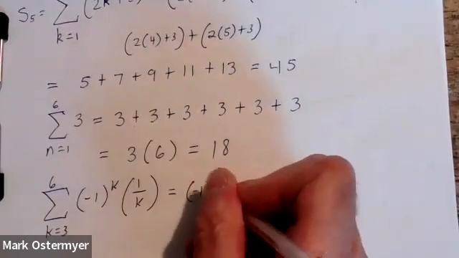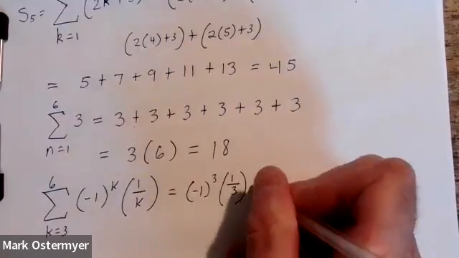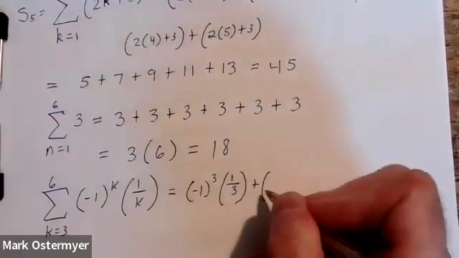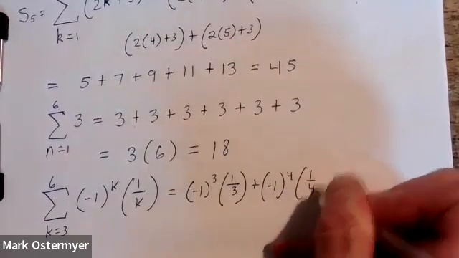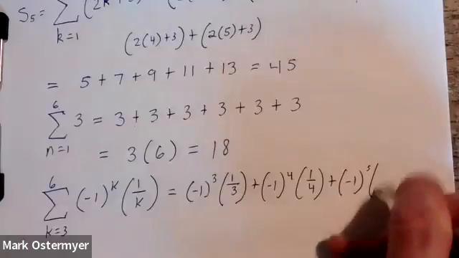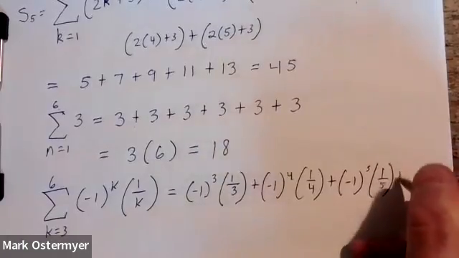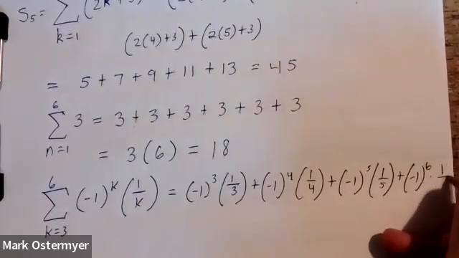So we'd have -1 to the 3rd power times 1 over 3, plus then k increments to 4, -1 to the 4th power times 1 over 4, plus -1 to the 5th power times 1 over 5, plus -1 to the 6th power times 1 over 6.